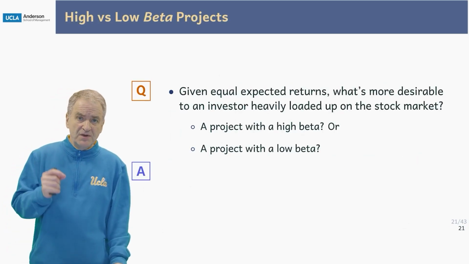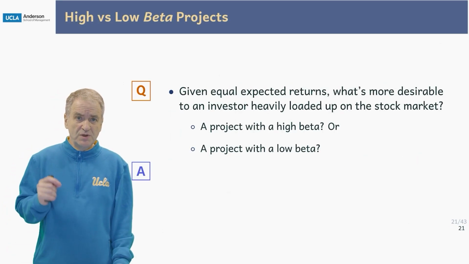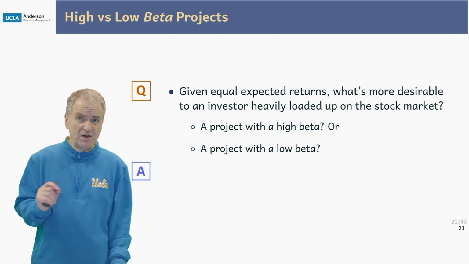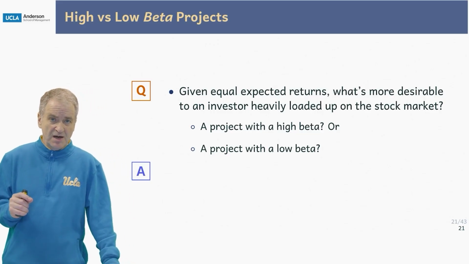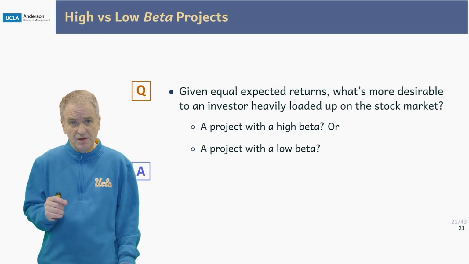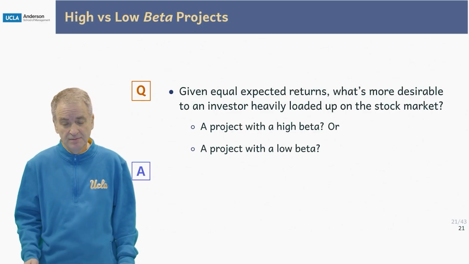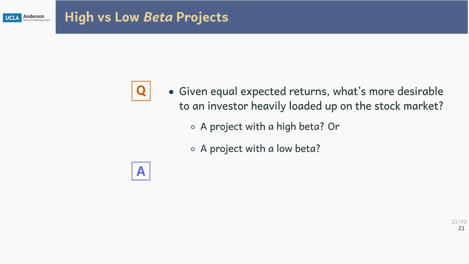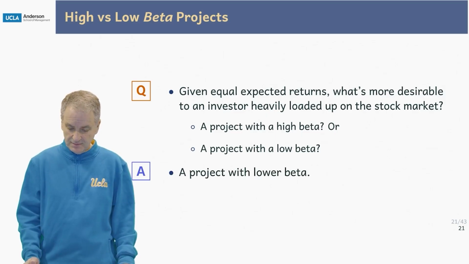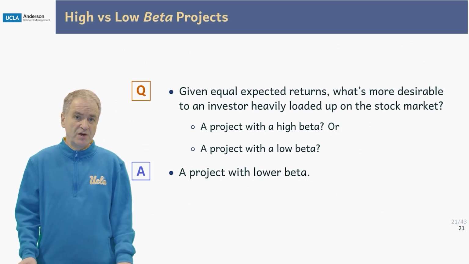Now, given an equal expected return, what's more desirable to an investor heavily loaded up on the stock market? A project with a high beta or a project with a low beta? Please pause this video now, answer the question on a piece of paper, and then continue. A project with a lower beta.